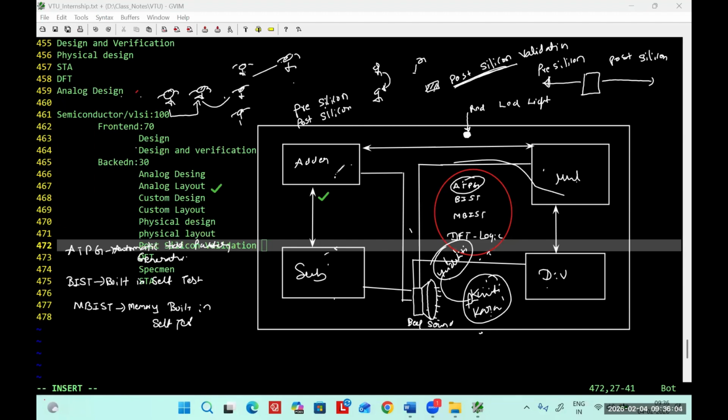Designing, DFT logic, everything you added and did, is pre-silicon, because the chip is not manufactured yet. Now all the logic is working properly.